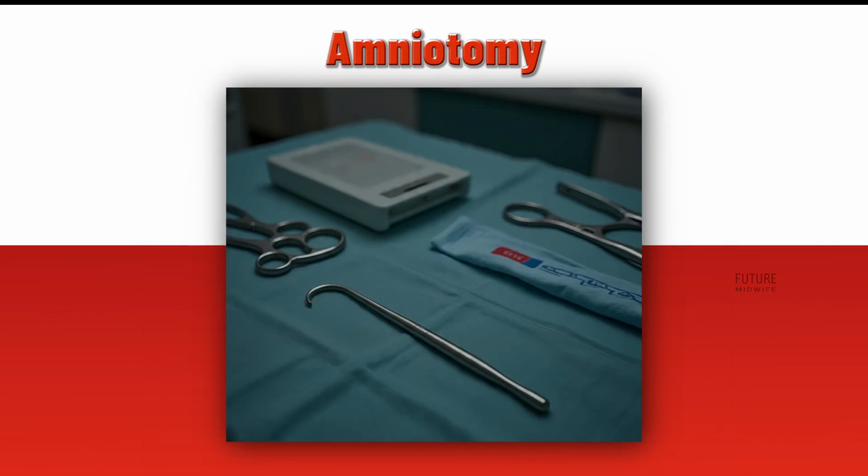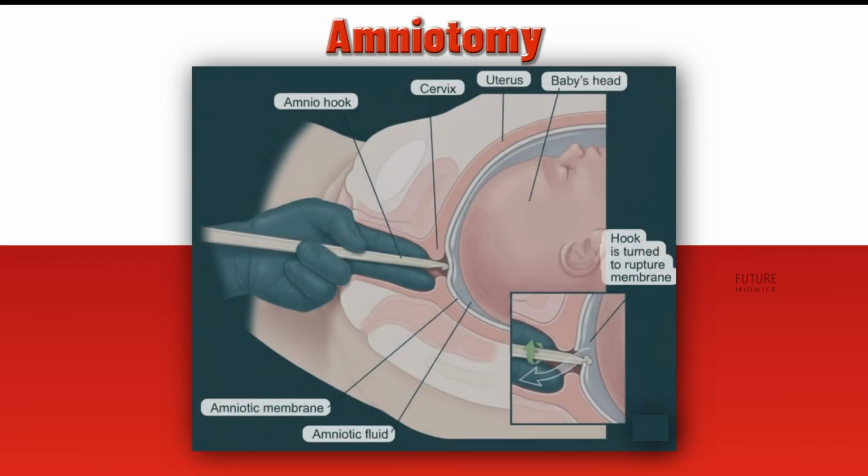A thin sterile plastic instrument called an amni-hook or amniotomy hook is inserted gently through the cervix to puncture the amniotic sac.